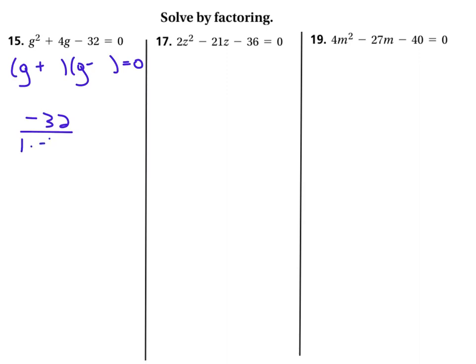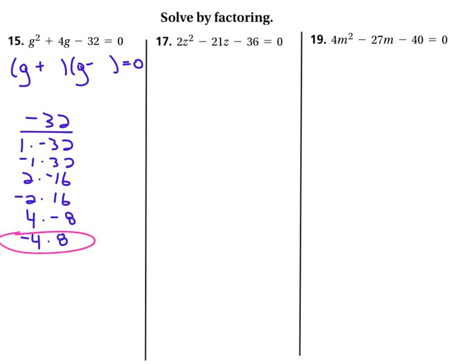We can either do 1 times negative 32 or negative 1 times 32. 2 times negative 16 or negative 2 times positive 16. Can't do 3, 32 is not a multiple of it, but you can do 4. 4 times negative 8 or negative 4 times 8. And aha, those two add together to be 4. Right?